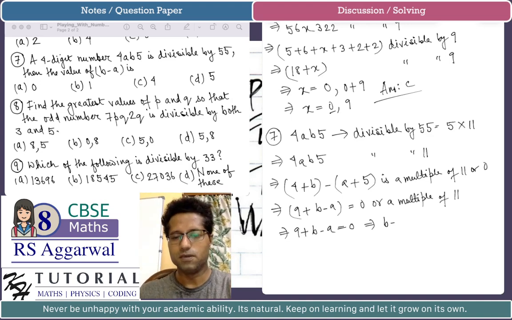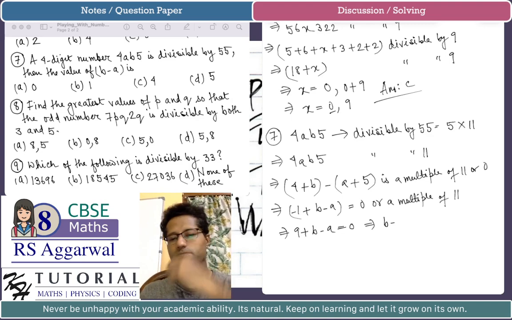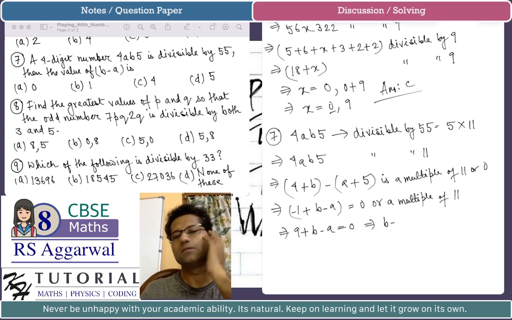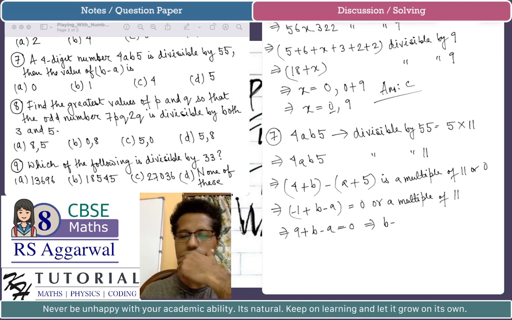So 4 plus B minus A plus 5 is not 9 plus B minus A. It will be minus 1 plus B minus A. Minus 1 plus B minus A must be equal to 0 or a multiple of 11.